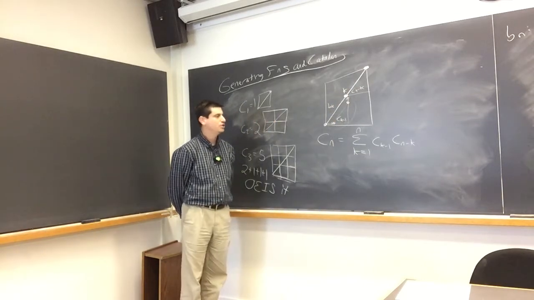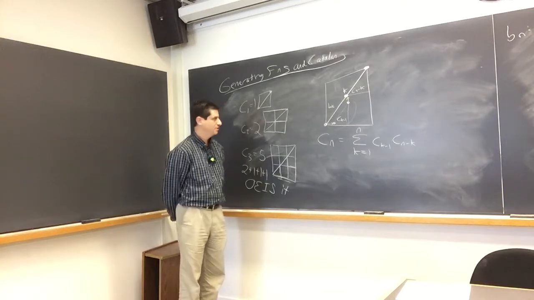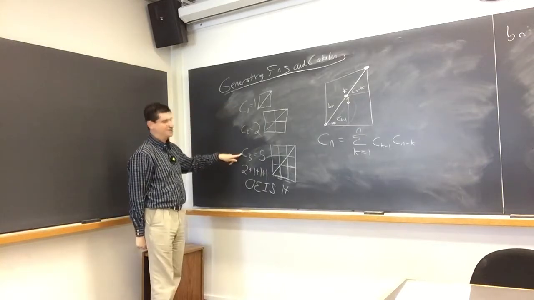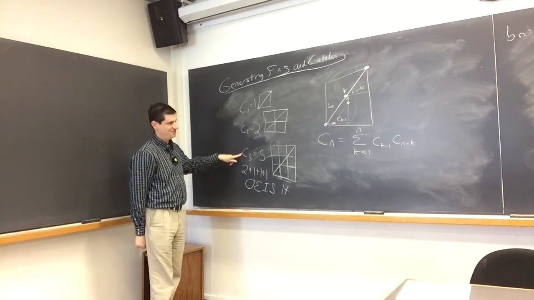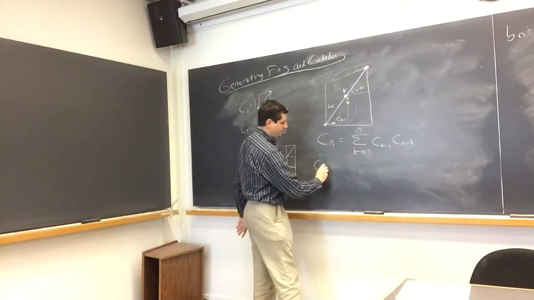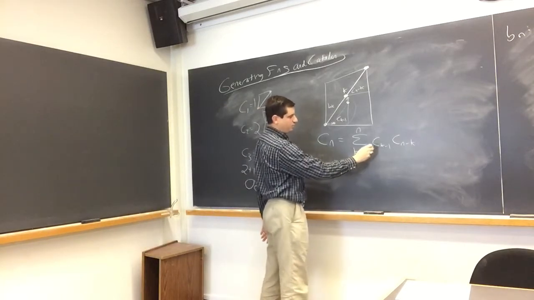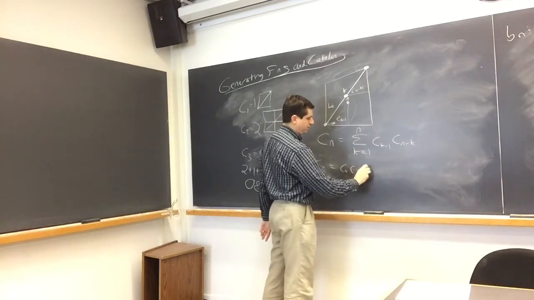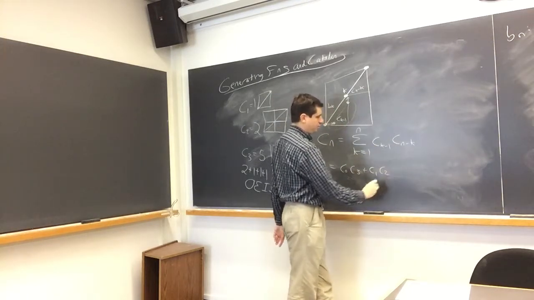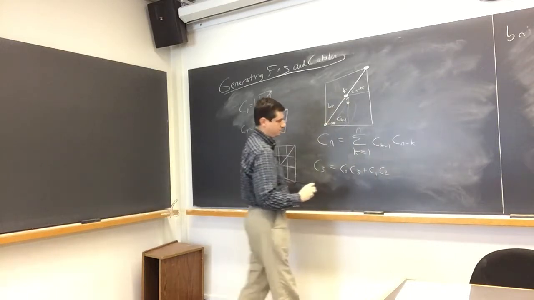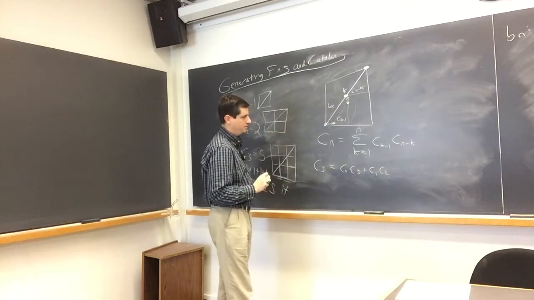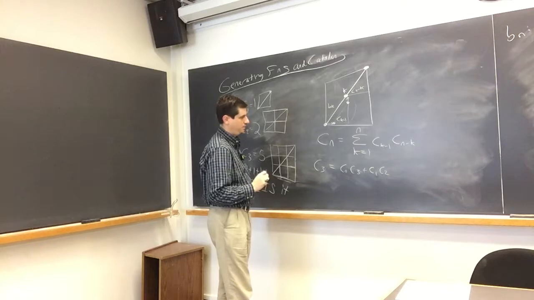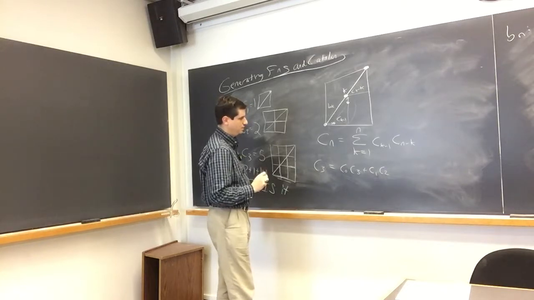Whenever you have something like this, you want to check this with a couple of small cases. Fortunately, we've calculated as high as 3. So C3 should be, k goes from 1, so it should be C0 C3 plus C1 C2. Am I doing this right? I'm a little worried about this.